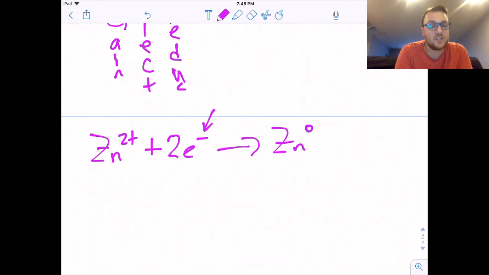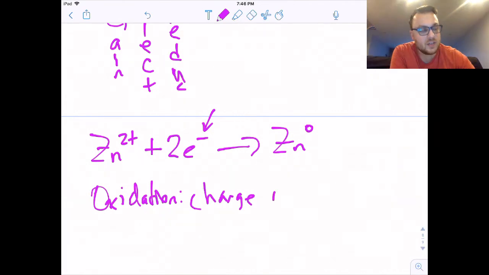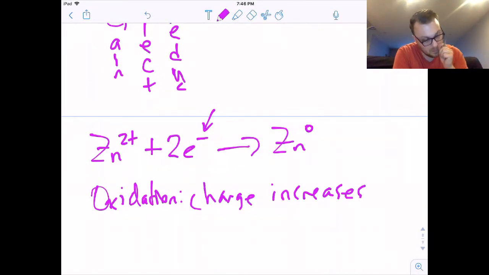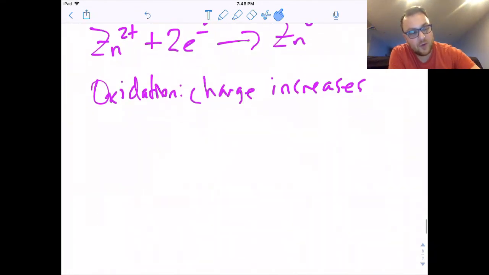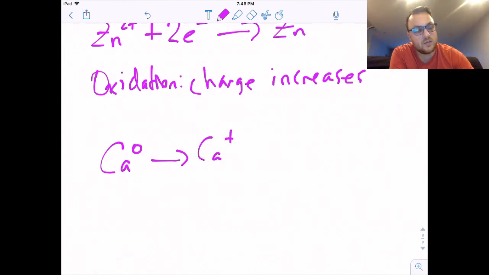Oxidation is the opposite. Oxidation, the charge increases. So, that would be like, let's do calcium, going from 0 to calcium +2. Why does that happen? Now, here comes the second acronym.